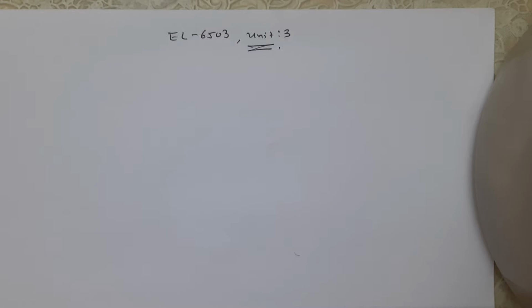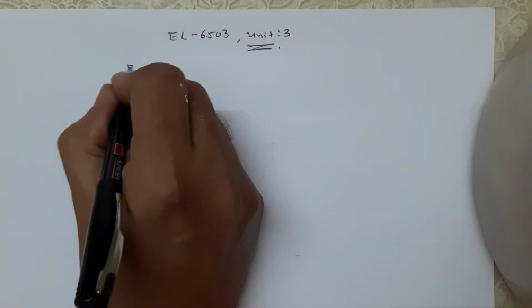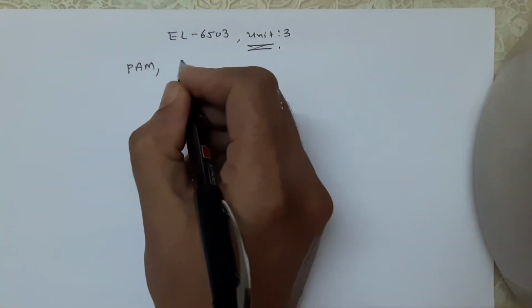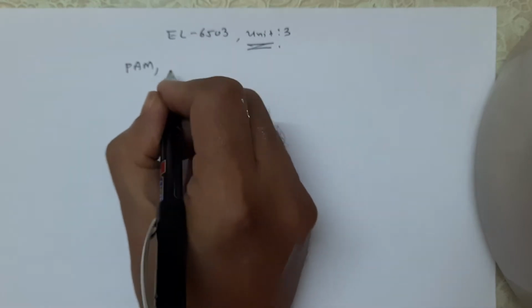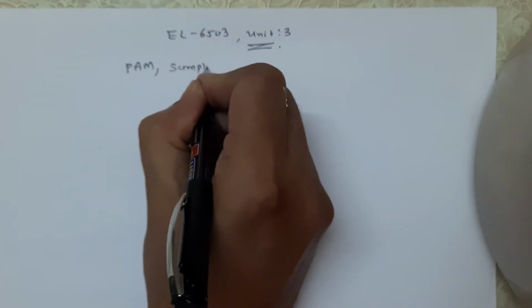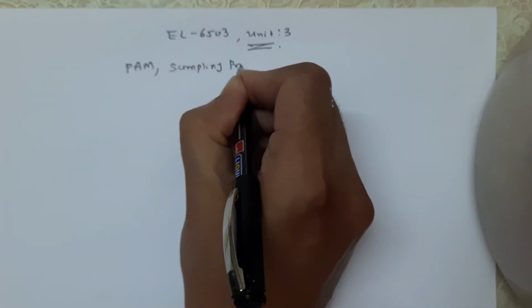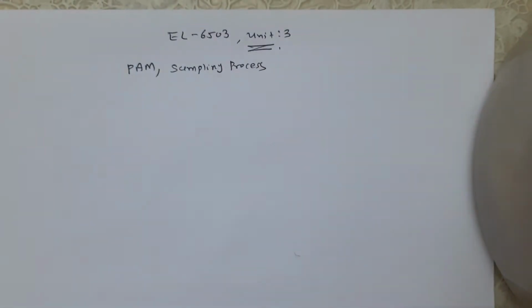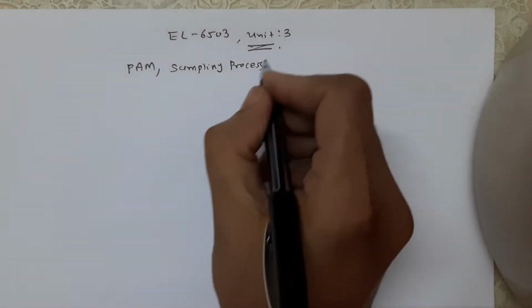Pulse generator. In the last lecture, we already discussed the introduction of the pulse modulation techniques, then pulse amplitude modulation, PAM. Then we discussed the sampling process. We also discussed pulse width modulation.